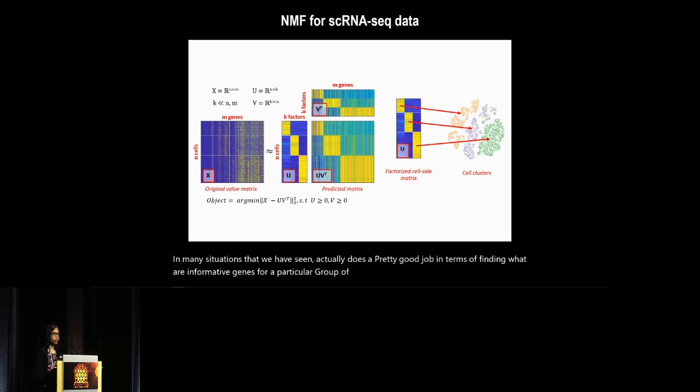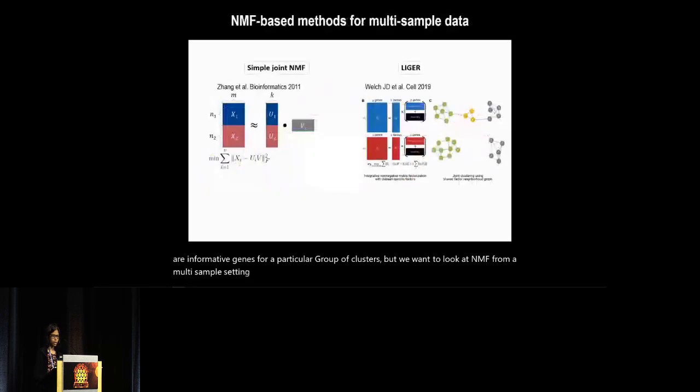But we want to look at NMF from a multi-sample setting. So we have multiple single-cell RNA-seq data sets. And there have been several approaches based on NMF that have been used to try to work with multi-sample data. The first simple approach is to concatenate the matrices and apply a single NMF, and that's joint NMF. Another popular approach is Liger.